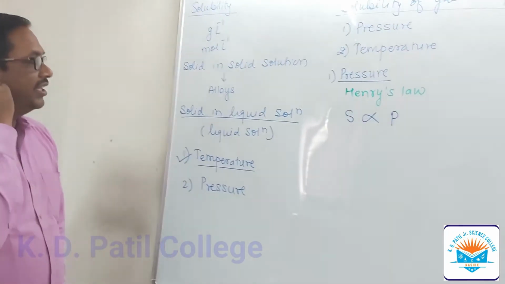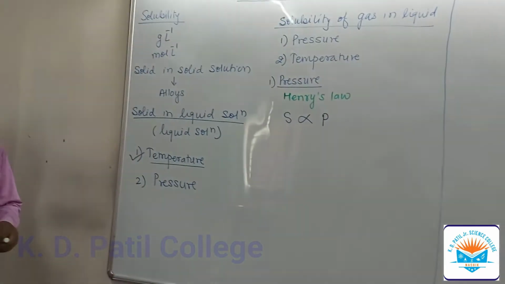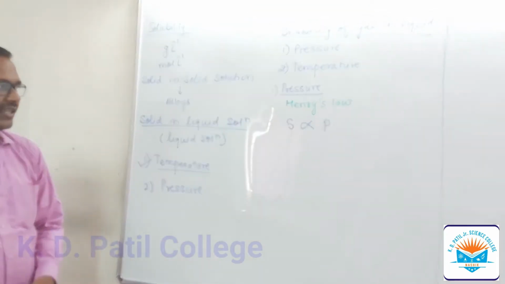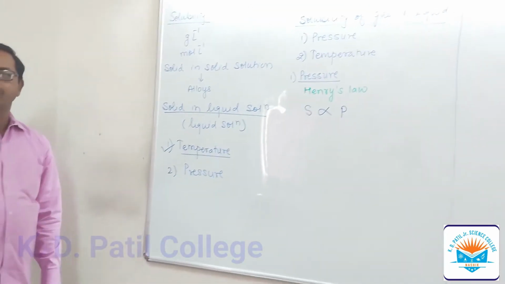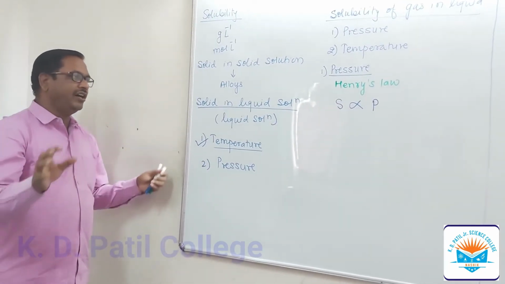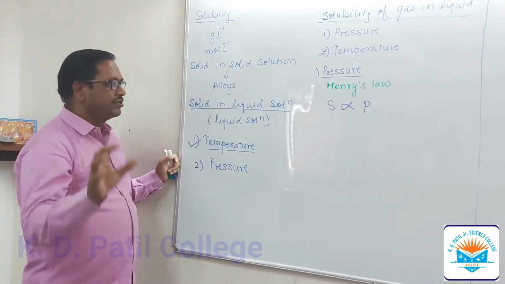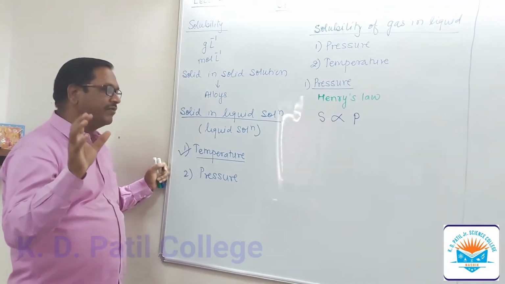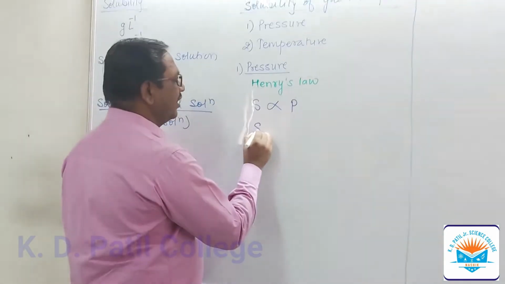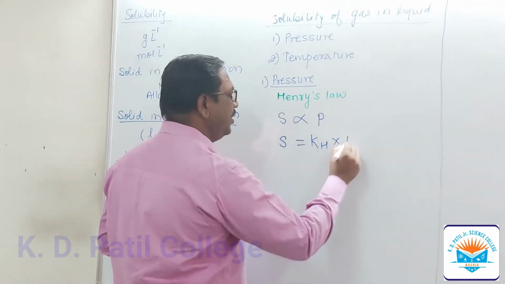What does Henry's law state? At any constant temperature, the solubility of gas in liquid is directly proportional to the pressure of gas. Therefore, solubility S is equal to Kh into P.